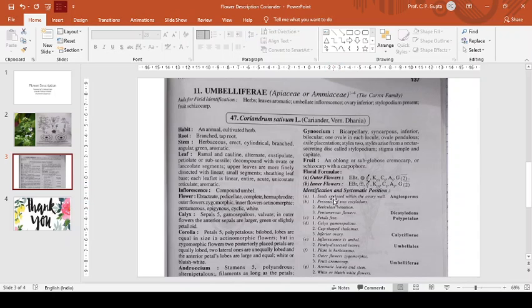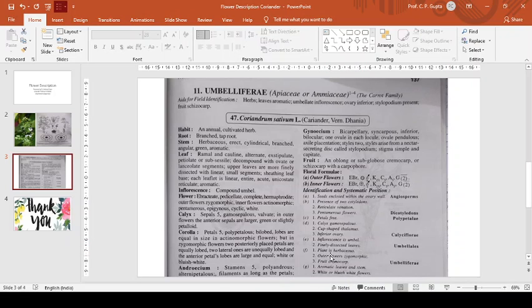Now we come to the identification and systematic position. As we all know, angiosperms have seeds enclosed within the ovary wall. Presence of two cotyledons, reticulate venation, pentamerous flowers is dicot. Now polypetaly, petals free, calyx gamosepalous, cup-shaped thalamus and inferior ovary make this flower fall under calyciflorae.